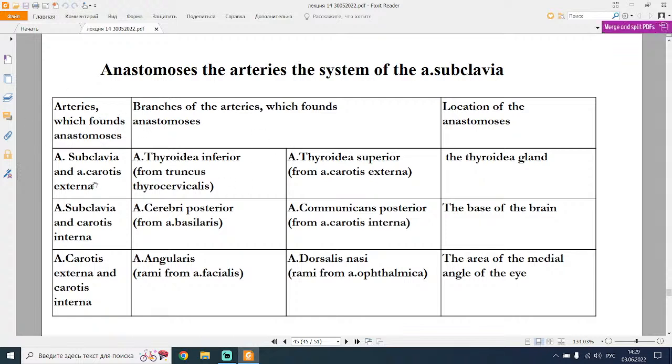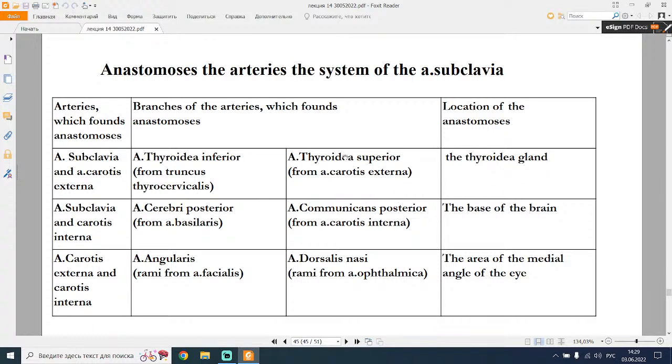For example, between arteria subclavia and arteria carotis externa, these are branches of arteries which form anastomosis: arteria thyroidea inferior from truncus thyrocervicalis, and arteria thyroidea superior from arteria carotis externa.